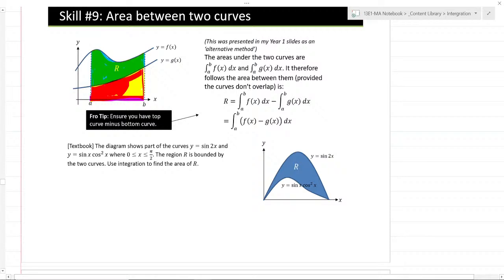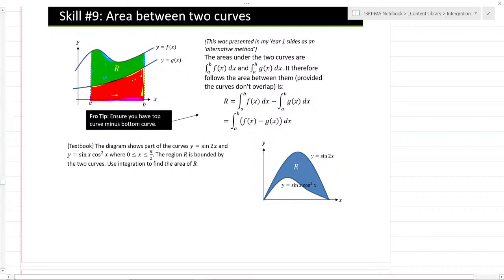So it's the area of the yellow subtract the area of the red. Yeah? So it's the area of everything under the top curve subtract the area of everything underneath that bottom curve. Okay? Everybody all right with that?